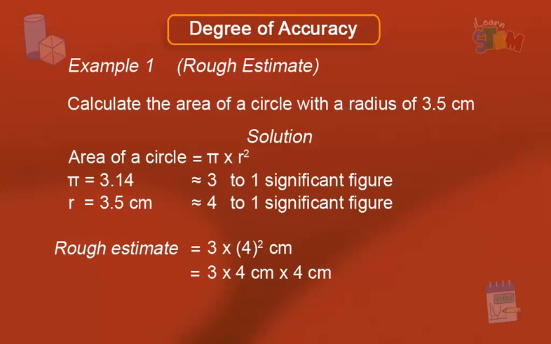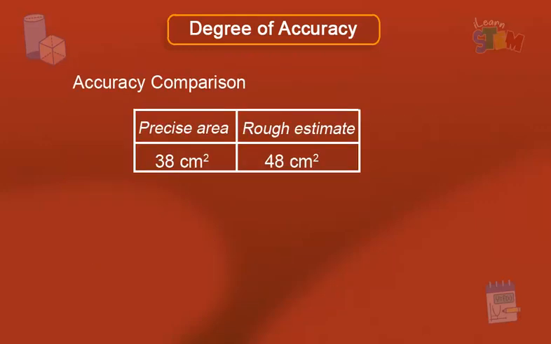Use your calculator to solve that. The answer is 48 centimeters square. Comparing our exact answer, 38 centimeters square, and our rough estimate, 48 centimeters square, we notice that the rough estimate is larger. The difference arises because rounding off at the start reduces the accuracy of the result.